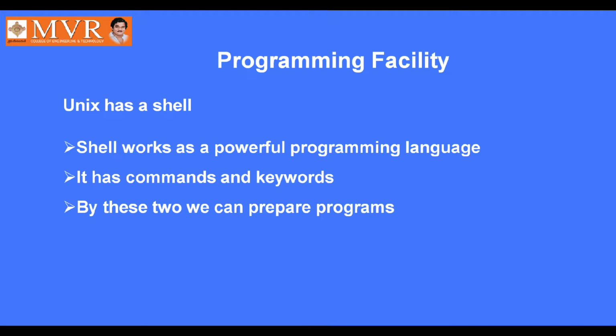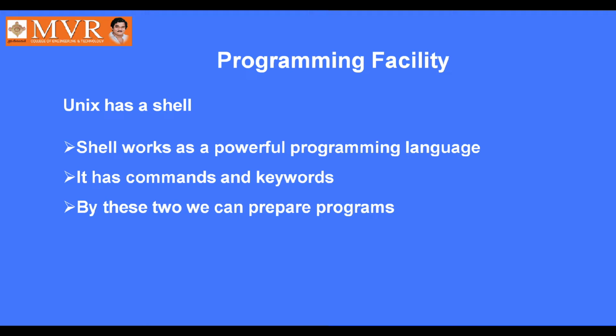But the Unix operating system provides a concept known as the shell. What is this shell, what is its use, and how many types of shells are available in Unix? All these things will be in a separate unit, the fourth unit of this Unix programming, where we will discuss shells and programming in detail. For the time being, just remember that the shell works as a powerful programming language in Unix.